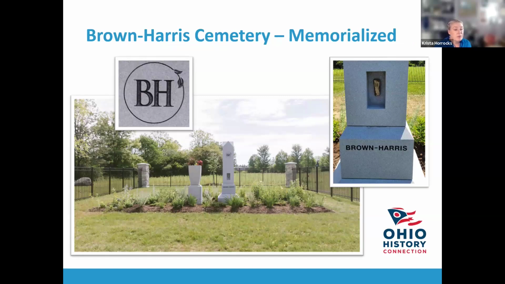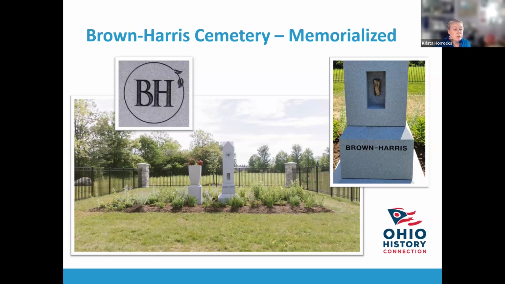As a group with a focus on input from the Brown and Harris families, the memorialization of the cemetery came to fruition. All aspects of the cemetery were discussed, from the fencing style to the memorial gravestone design to the monogram initial design. The footstone found during the GPR investigation was replicated using 3D imagery and added to the memorial stone.